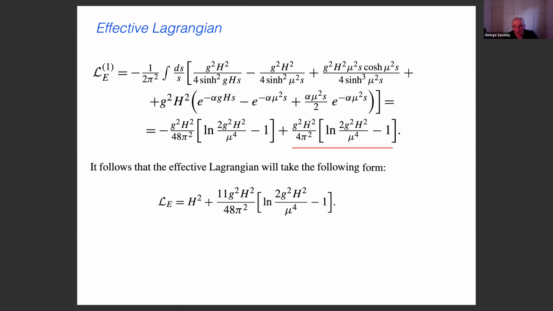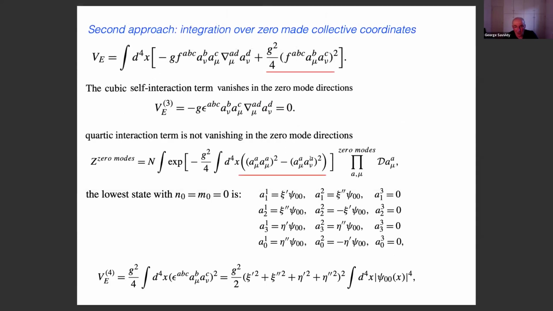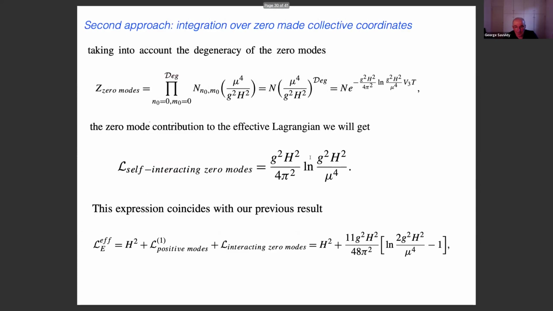So it is g squared h squared over 5π². And you see that the result is the same. Therefore, our effective Lagrangian is h squared plus the positive modes and negative modes. So the Lagrangian remains again the same, and there are no imaginary terms here.